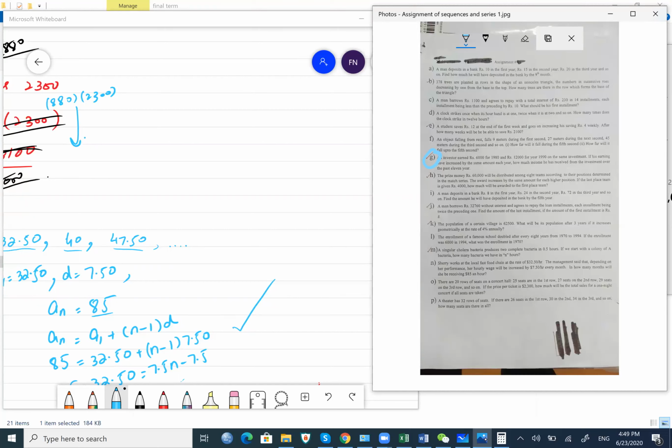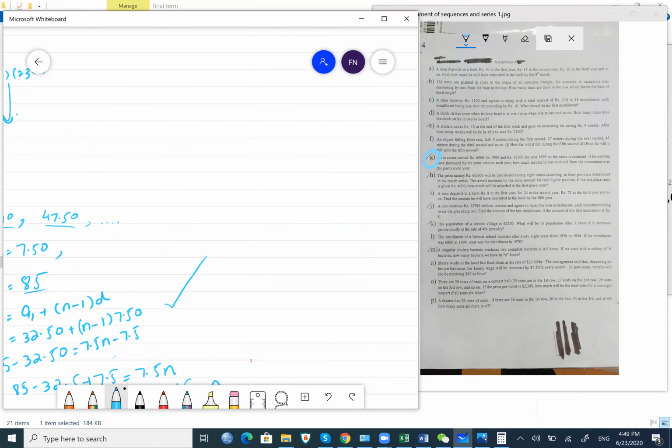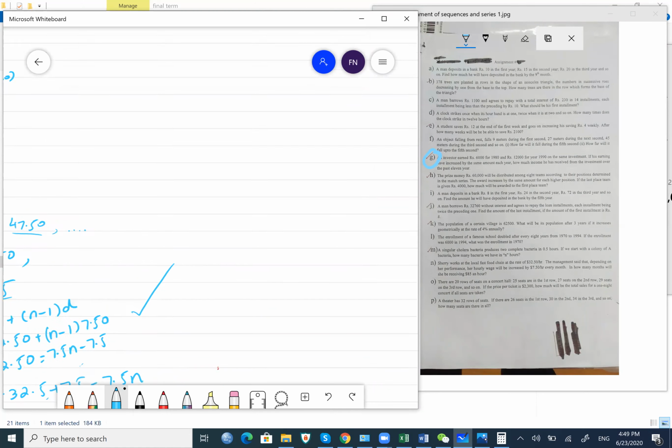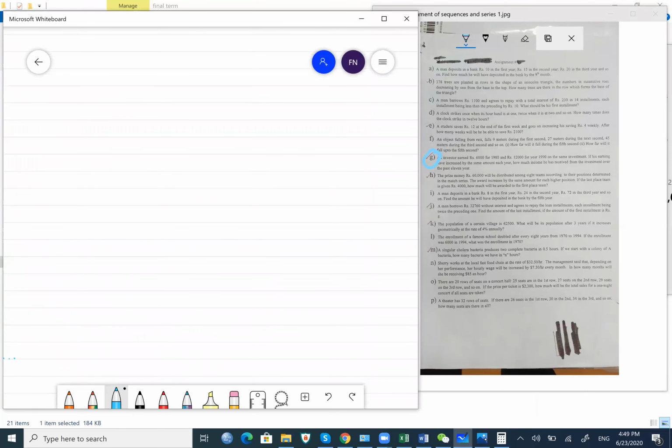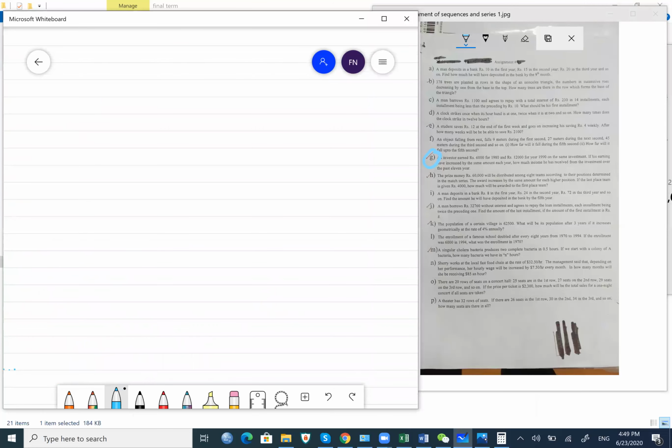Okay, so a man borrows rupees 32,760 without interest and agrees to repay the loan in installments, each installment being twice the preceding one.